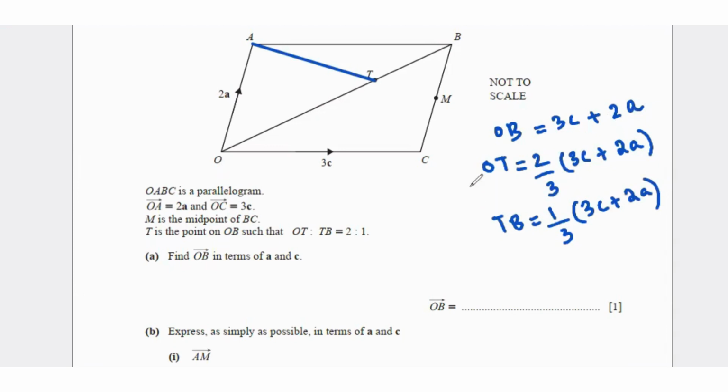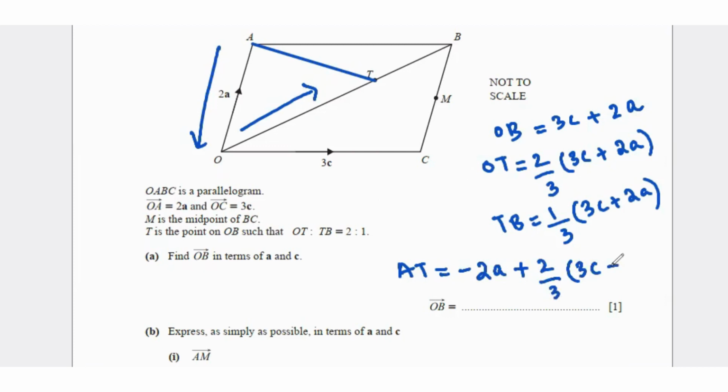So to find AT, we add AO with OT. That's going to be negative 2a plus 2/3 times 3c plus 2a.